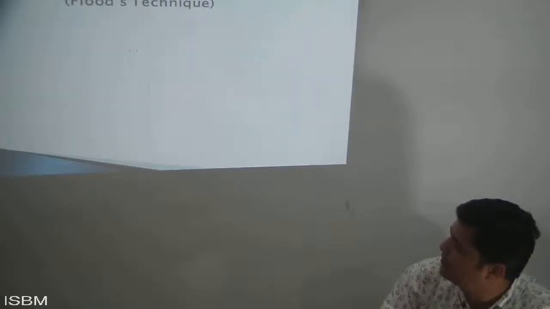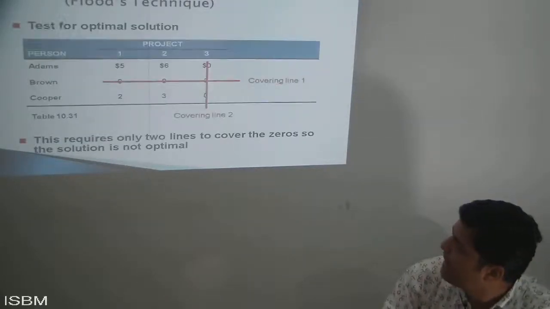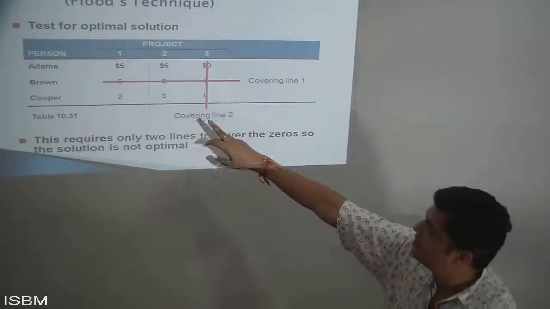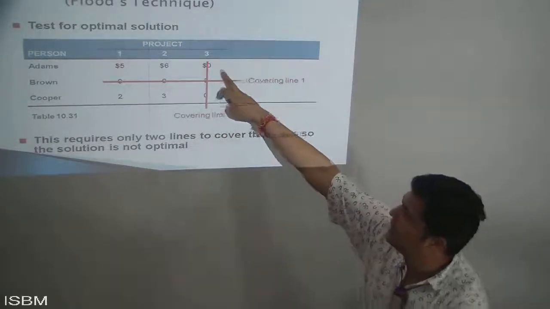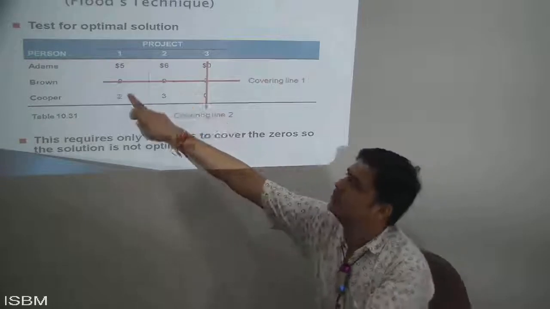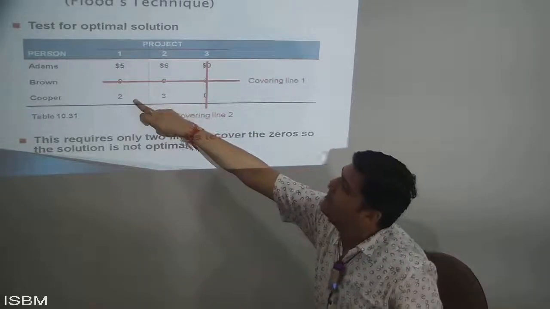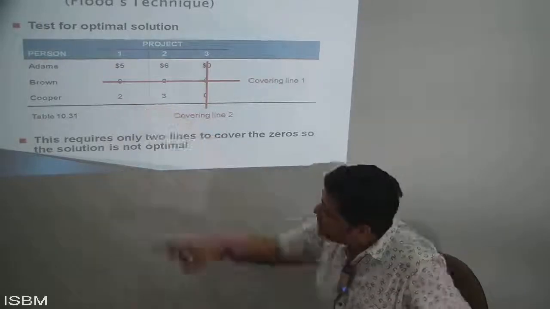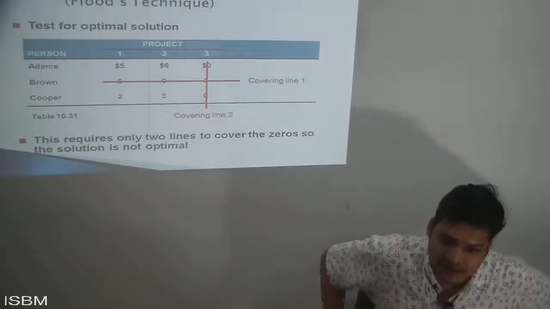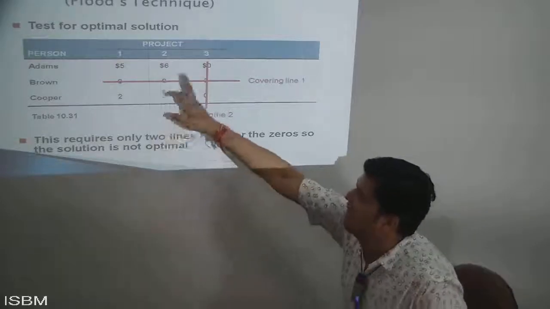Initially the column was 5, 6, 0, 0, 0. So this column has been cut and this row has been cut. After cutting this, we have found that 2 is the minimum number over here. So I will subtract 2 from the remaining values, 5, 6, 2, 3.